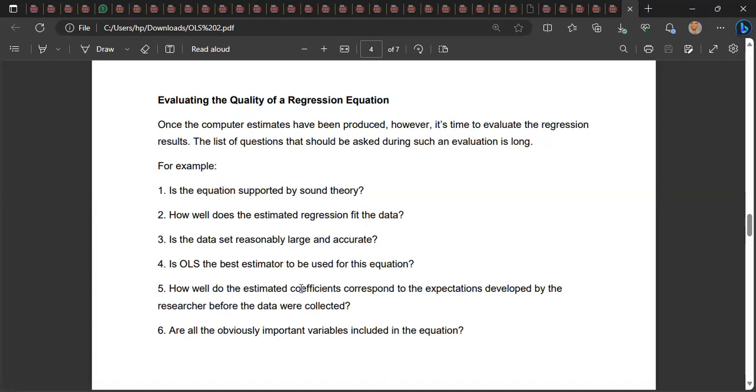So you are basically asking whether the values of those coefficients, as well as the signs attached to them, fit the expectations. And then, are all of the important variables included? In other words, if you want to explain demand, you want to include everything that affects demand. That's what we are basically assessing there.